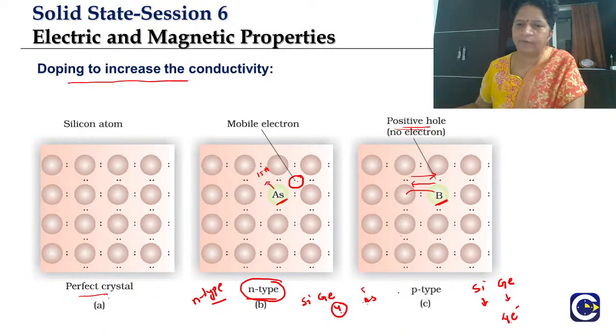So when do we say p-type semiconductor? When we add a less valent element into the 14th group, we call it a p-type semiconductor. If we add a higher valence element, the 15th group, into the 14th group, if we dope it, we will call it an N-type semiconductor.